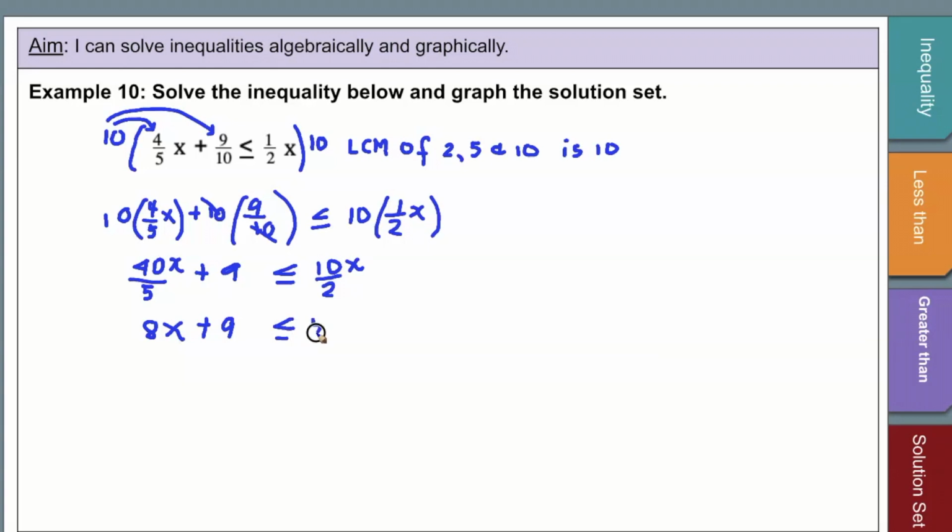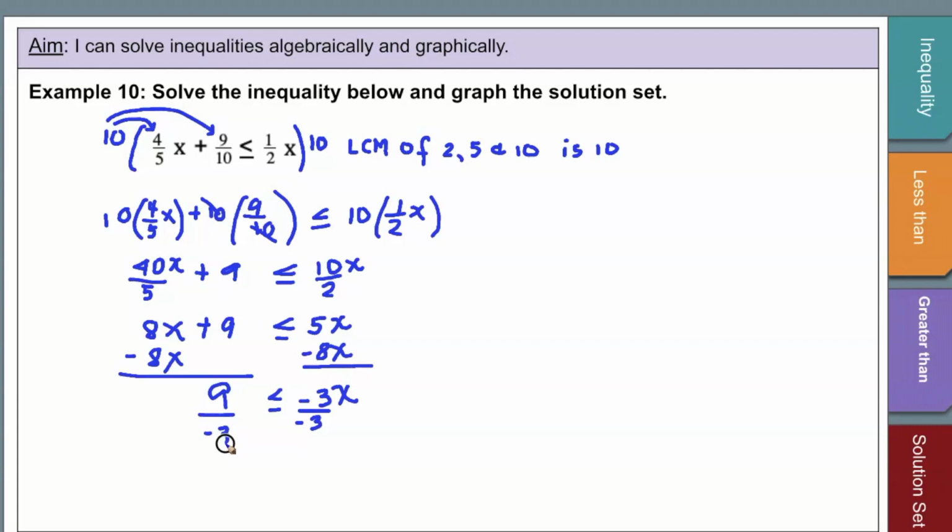Let us solve for x by dividing both sides by the coefficient of x, which is negative 3. Now remember, the order is reversed when dividing each side of the inequality by a negative number.